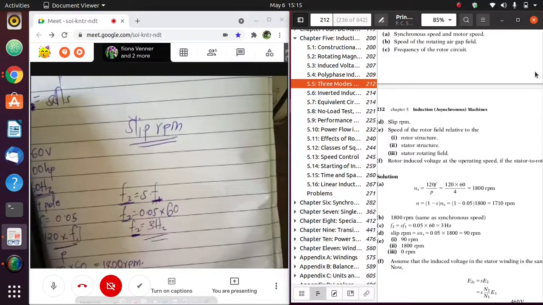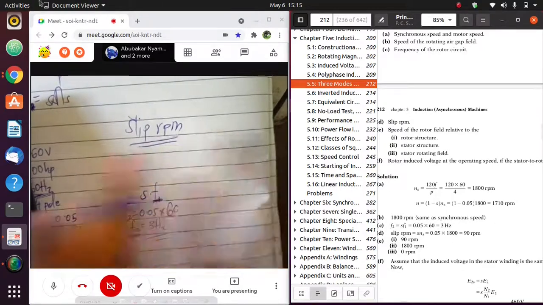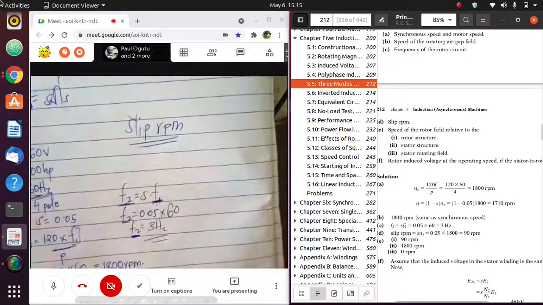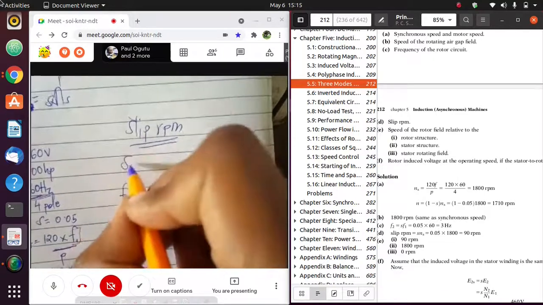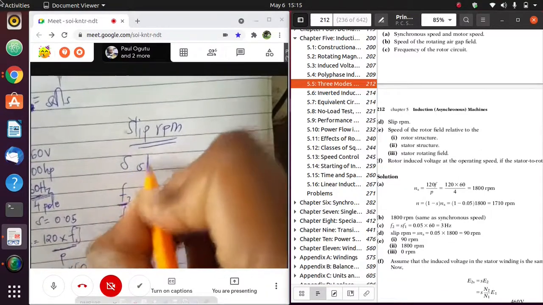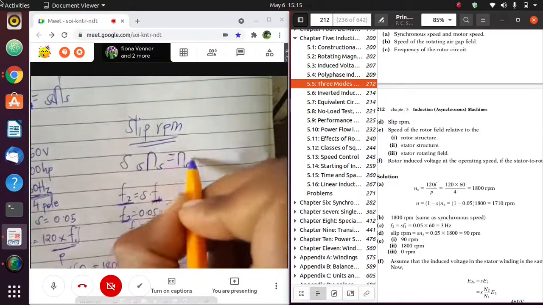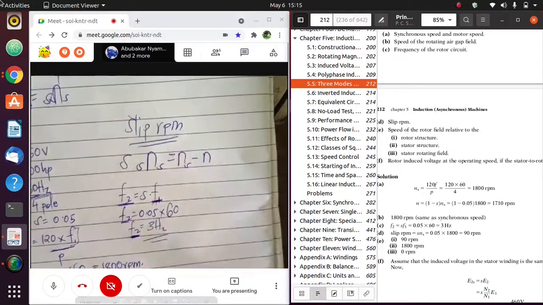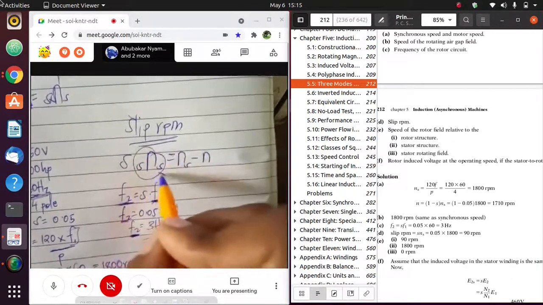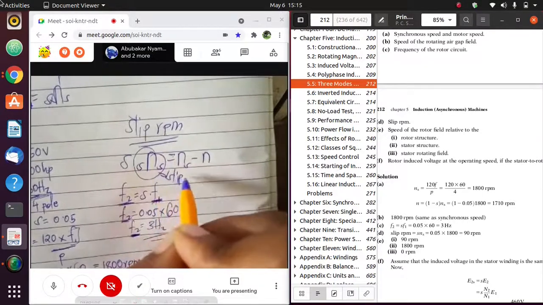So at what speed will that rotor be left behind? The slip RPM will be given by what? Remember we said that slip RPM, which is slip times n, the synchronous speed, is given by the synchronous speed minus n.